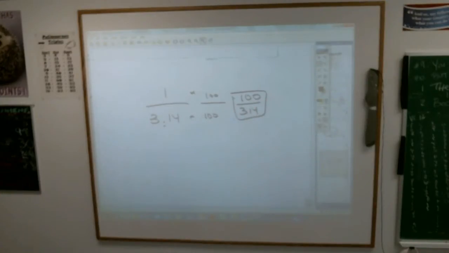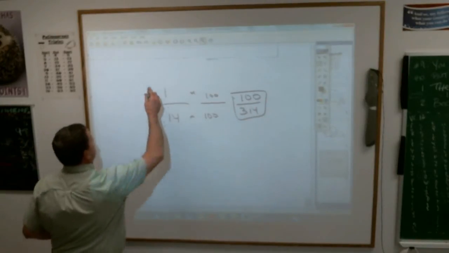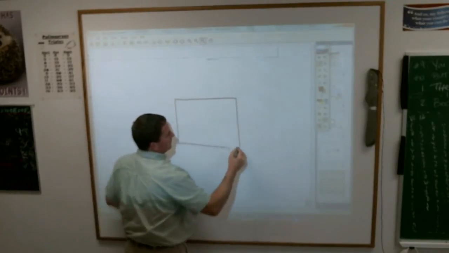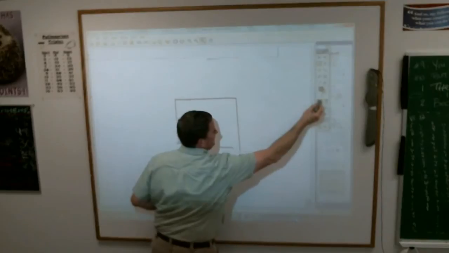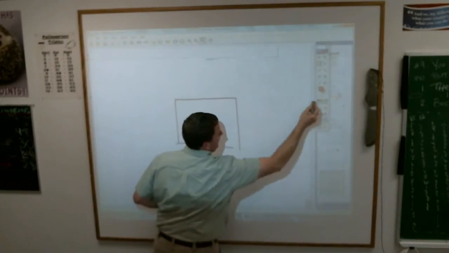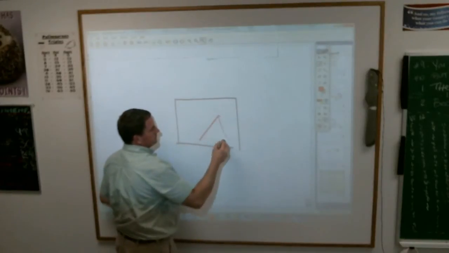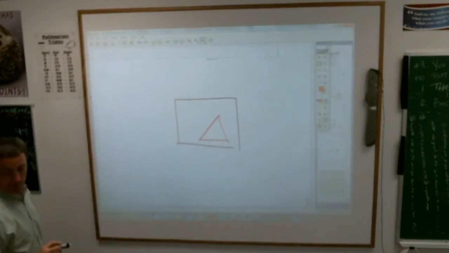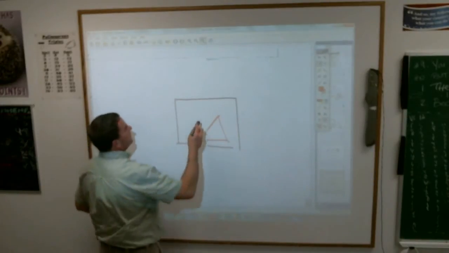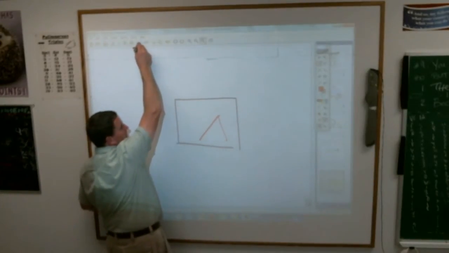How about this one? Probability of this. You've got a big square with a triangle in the middle of it. Why isn't it changing to red? And the dimensions of this are 6, 8, 10, 10. Sorry, let me draw this a little better.